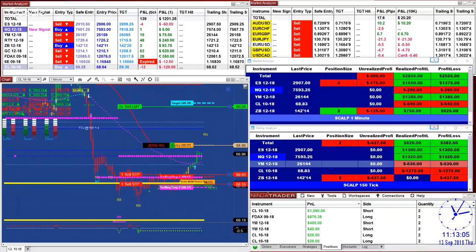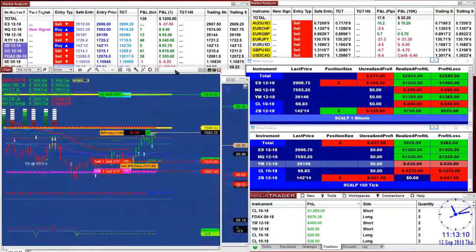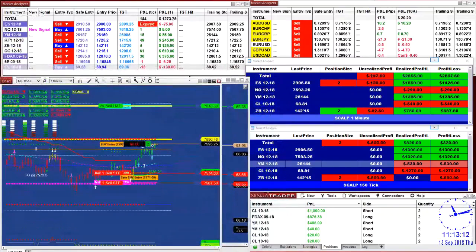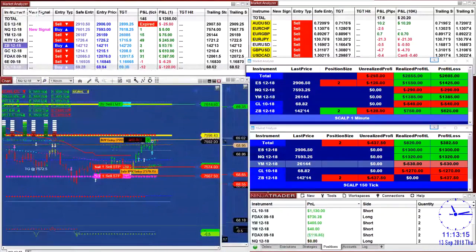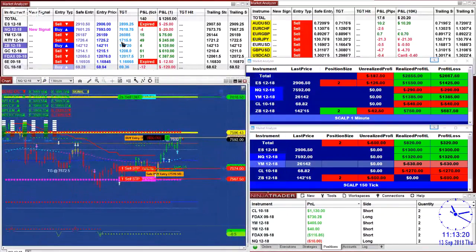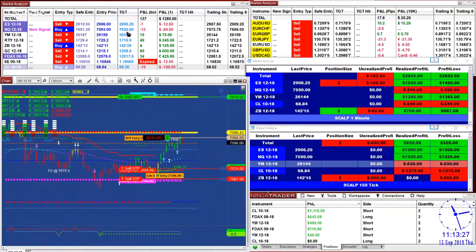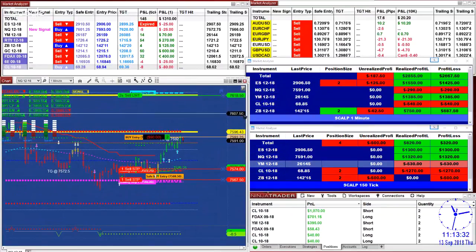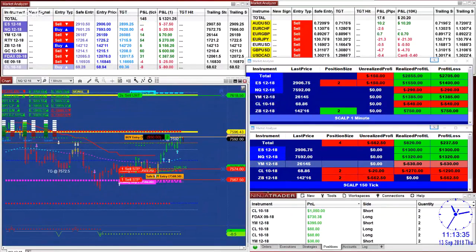Okay, we have a new signal, NASDAQ. On the new signal, NASDAQ is an entry 93, target 7620. And we should have one on the YM very soon.